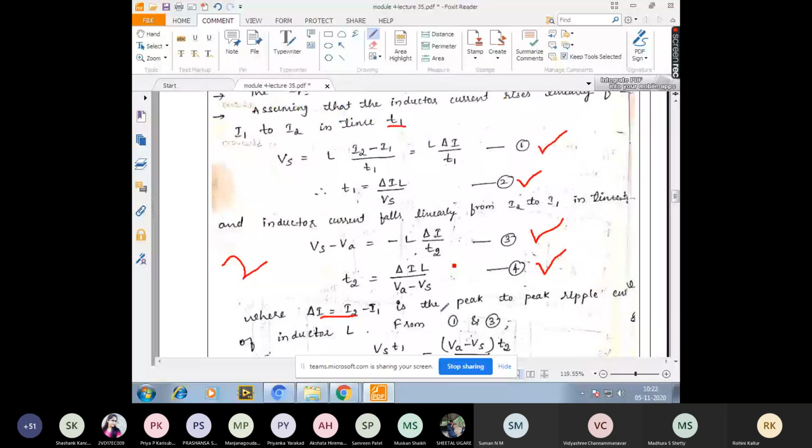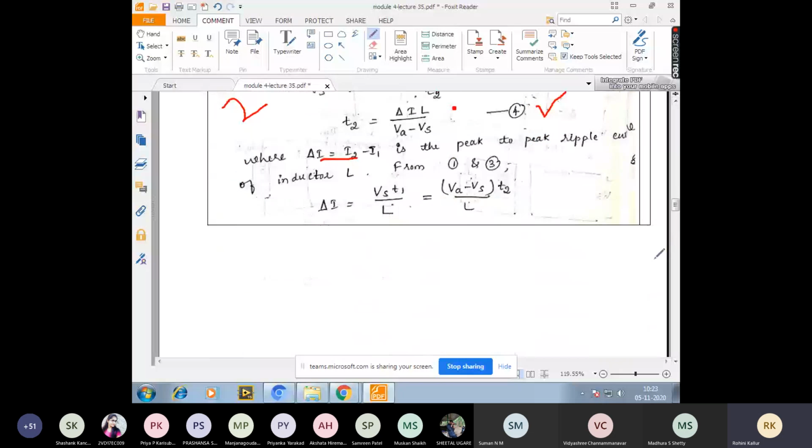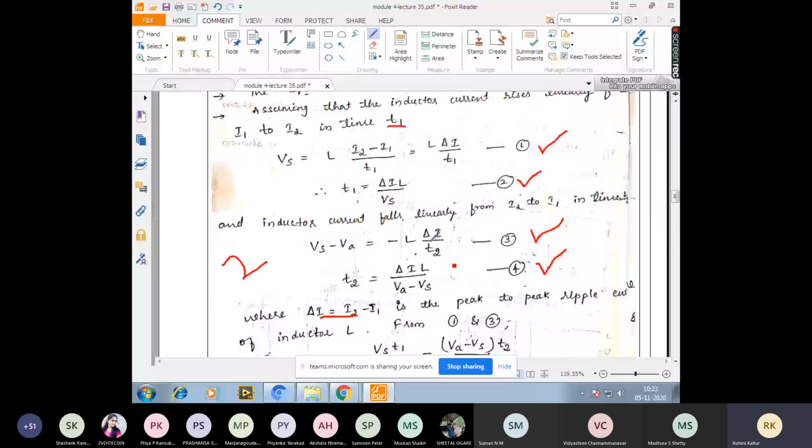And from equation 1, it is Vs into T1 divided by L. Here I'm just rearranging so that I get a value for delta I. So from equation number 1 and equation number 3, delta I is equal to Vs into T1 divided by L, whereas here it will be Vs minus Va into T2 whole divided by L, and I have a negative.